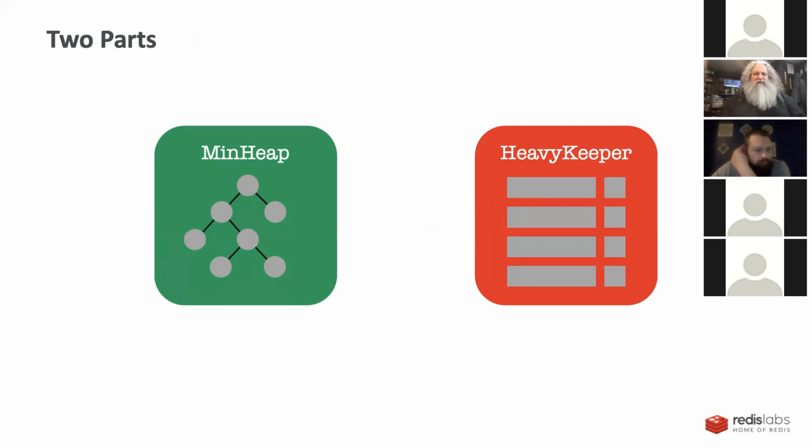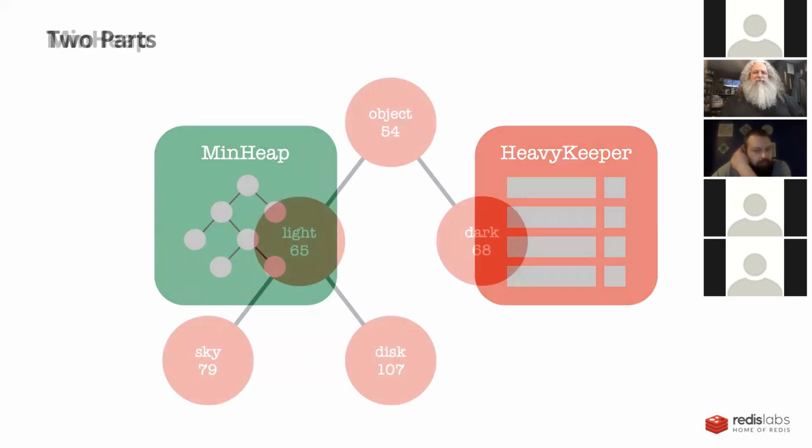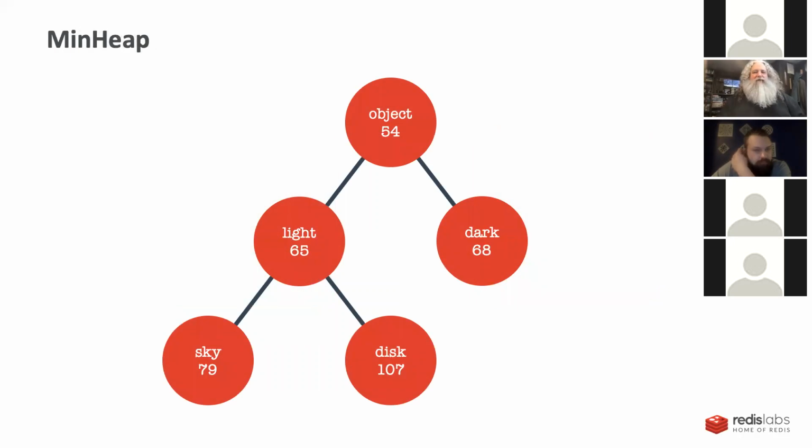Suffice it to say the small thing's always on the top. Did I get that backwards? No, I had it right. The small thing is always on the top, and you just keep all the big things. With heavy keeper, if the thing you need to add to the heap is smaller than the thing at the root, then you don't add it.